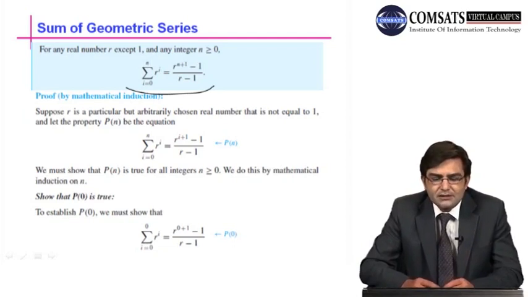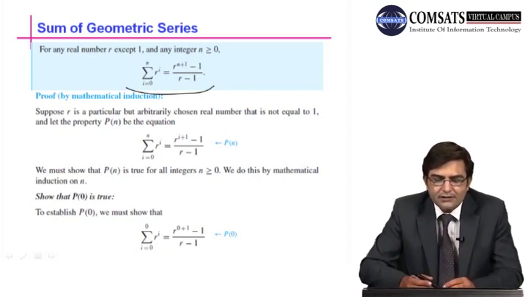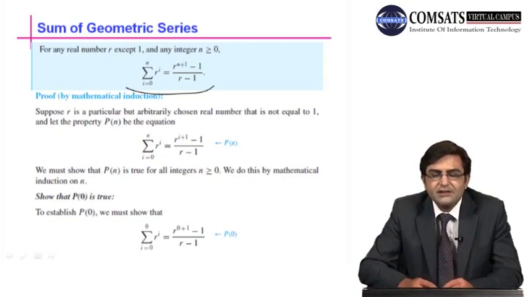This is the sum of the geometric series: the sum from i equals 0 to n of r to the power i is equal to r to the power n plus 1 minus 1, divided by r minus 1, where r is any real number except 1. If r is 1, then the right hand side is undefined, therefore we restrict here that r is not equal to 1. r could be any other real number, and n is any integer greater than or equal to 0, or you can say n is any non-negative integer.